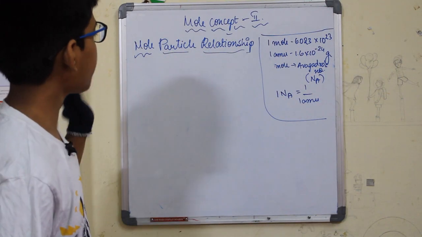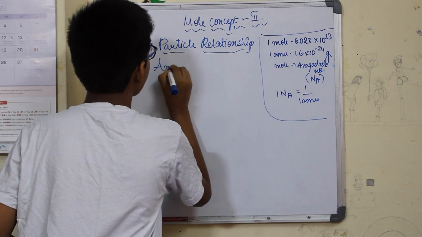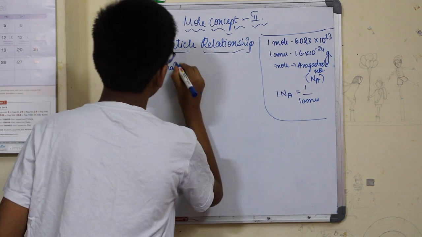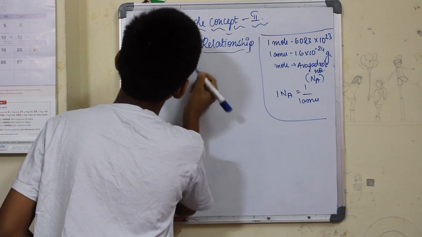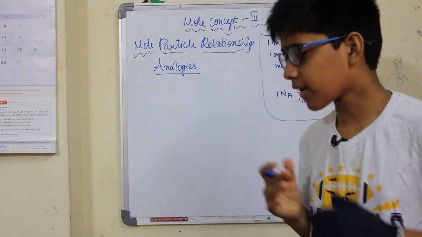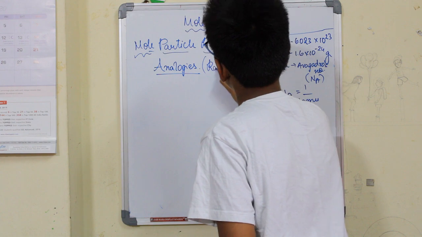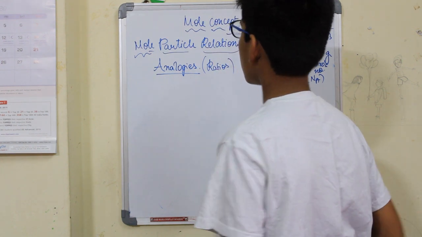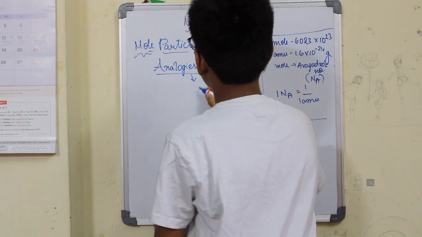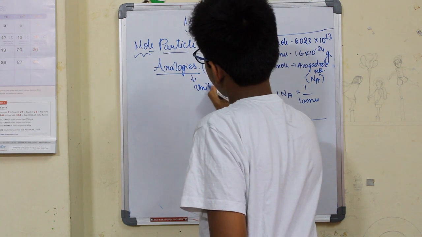Just remember them. Mole particle relationship analogies. Mole particle relationship says the relation between mole and particles. To understand this better we use analogies. Analogies are simply ratios. I even call the complete mole concept the unitary method. Even analogies say about this one, unitary method.